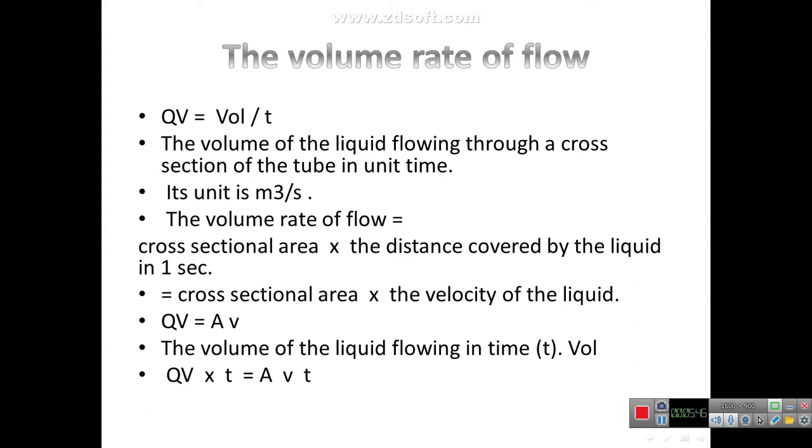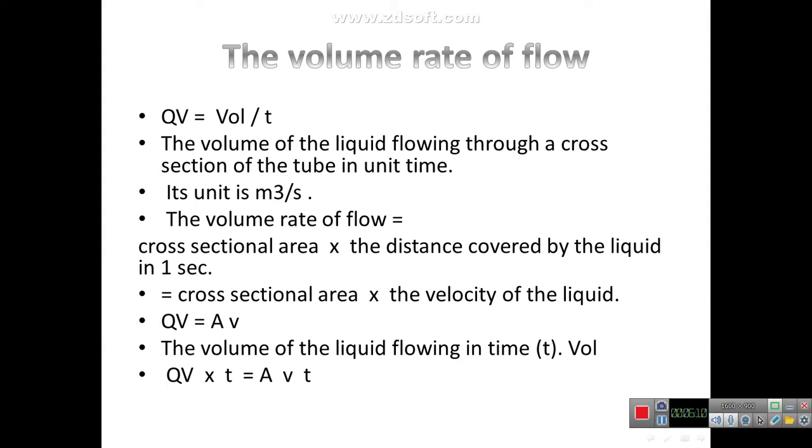Okay, now we want to know the volume rate of flow. We have some equations we must use to express the volume rate of flow. Number one, we must know the flow rate.